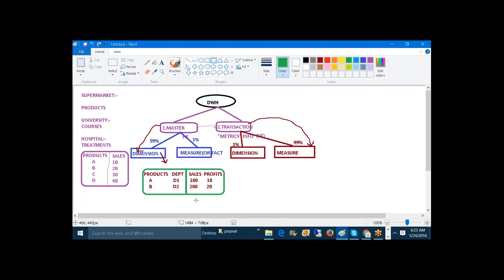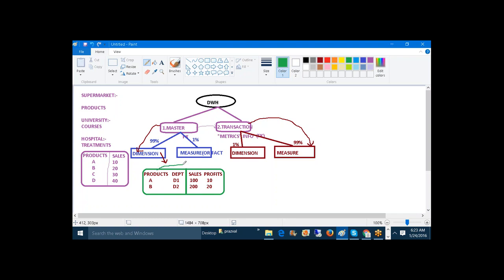The product contains some business information and the department also contains some business information. What about sales and profits? Sales and profits give us some numbers which are used to analyze the business. So we can analyze the business based on the product. Here we can see the product-wise sales.